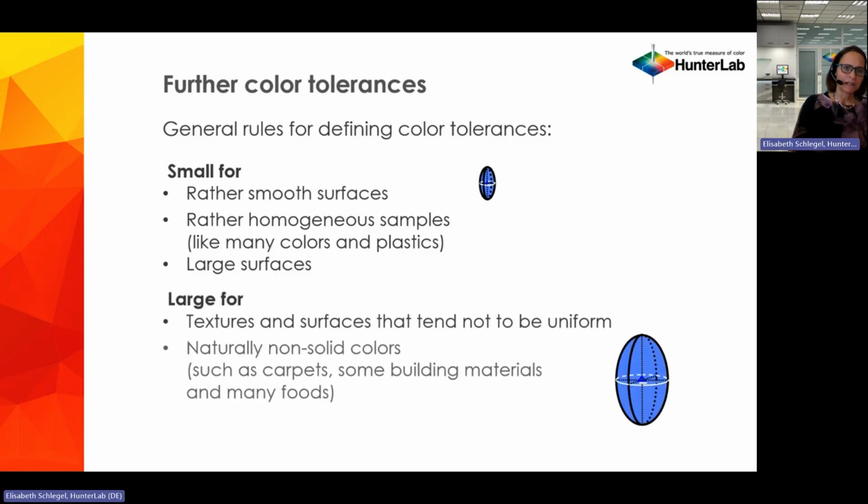And you would use a large tolerance for textures and surfaces that tend to be not uniform. For naturally non-solid colors, like for example carpets or building materials, you can't really expect that they are exactly the same color. And for small surfaces, because you have a big deviation already, since you don't have a big averaging of a surface.